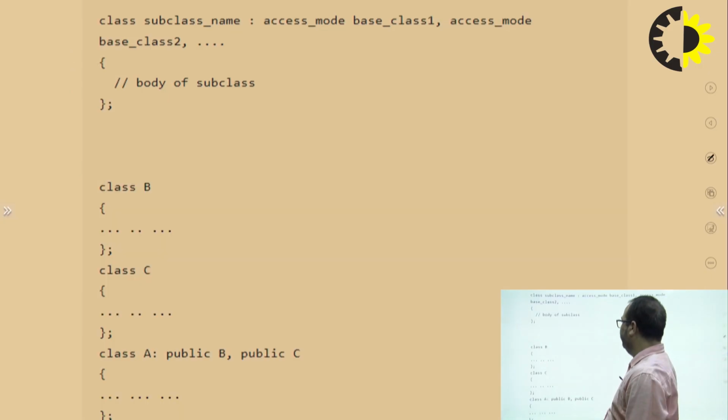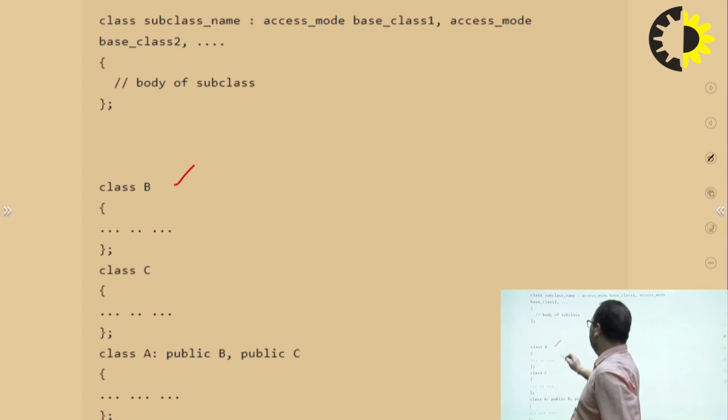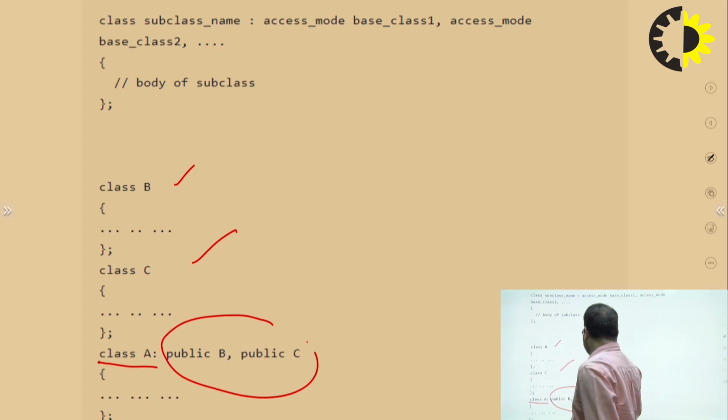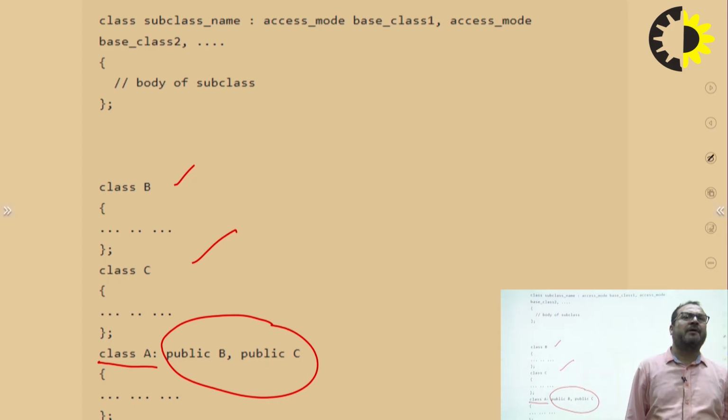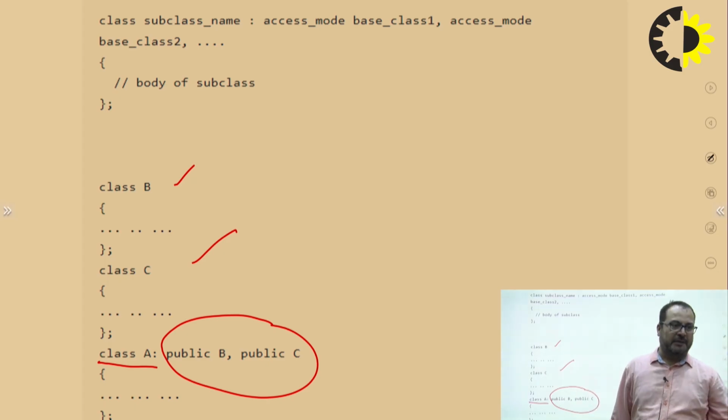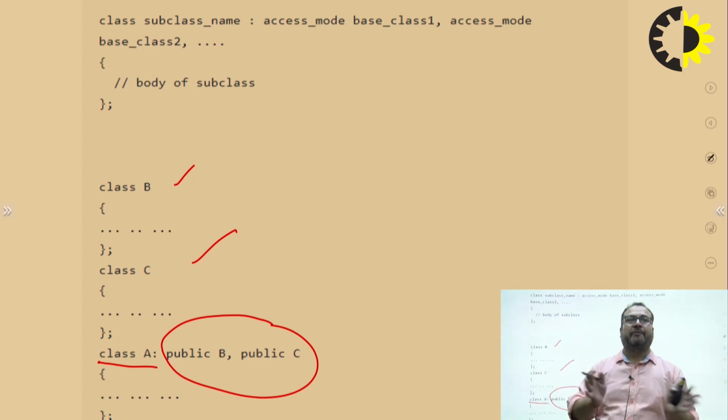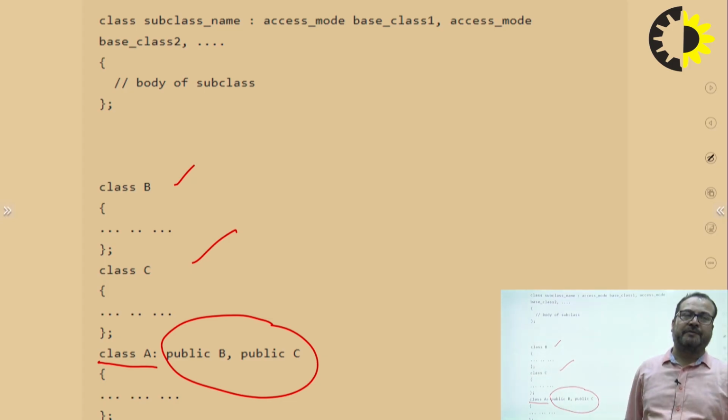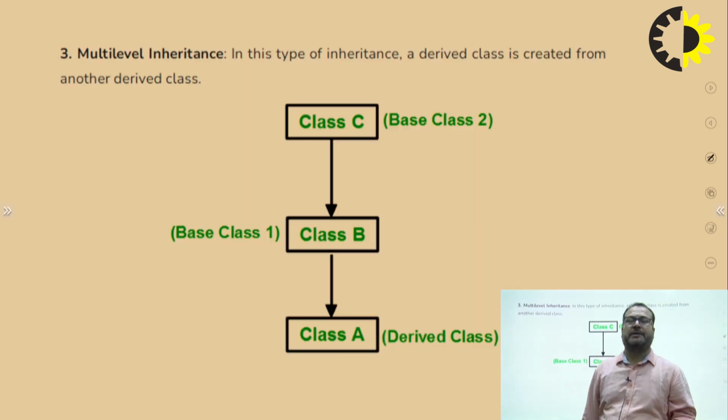Here we have class B and class C, and this new class A is going to inherit two base classes, B and C. Multiple means more than one base class.